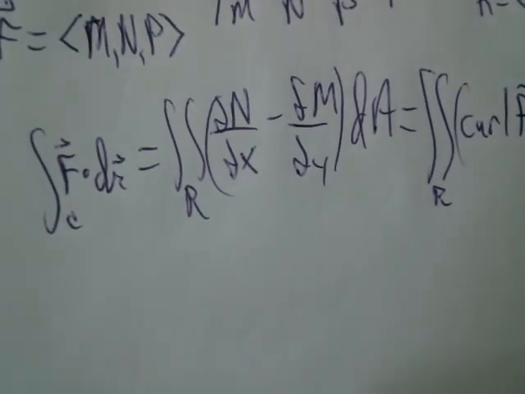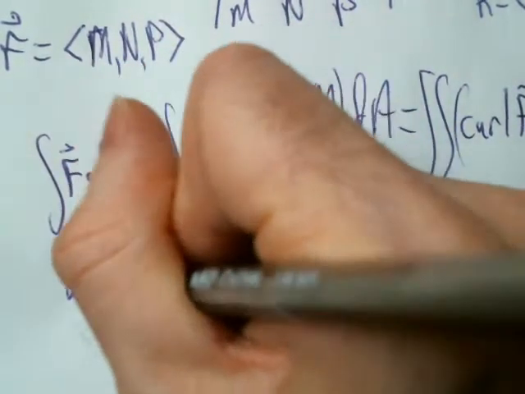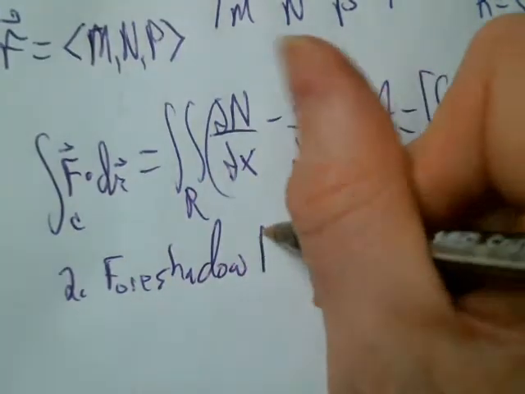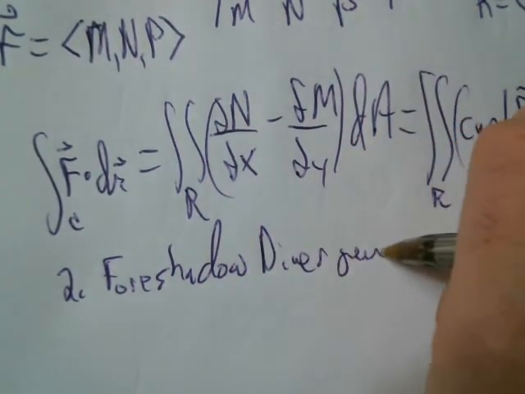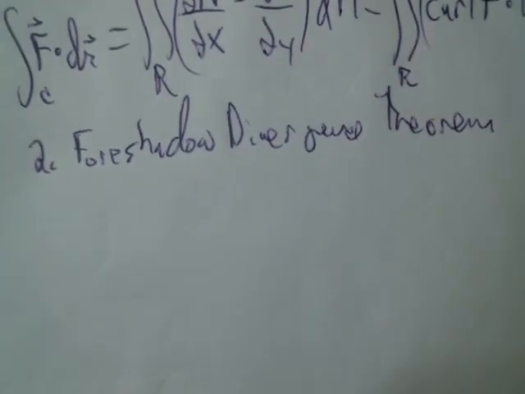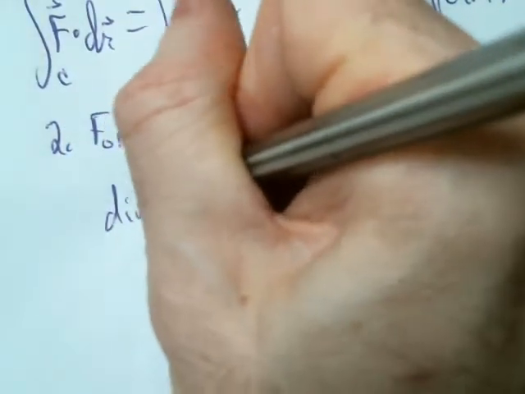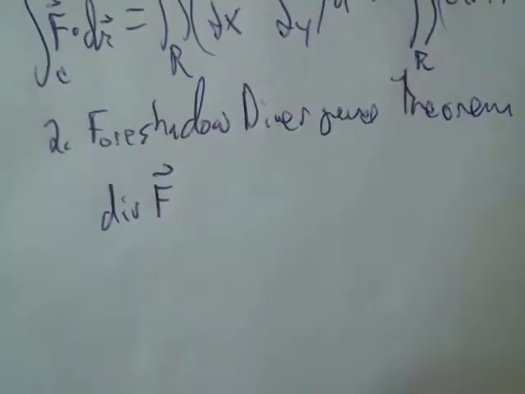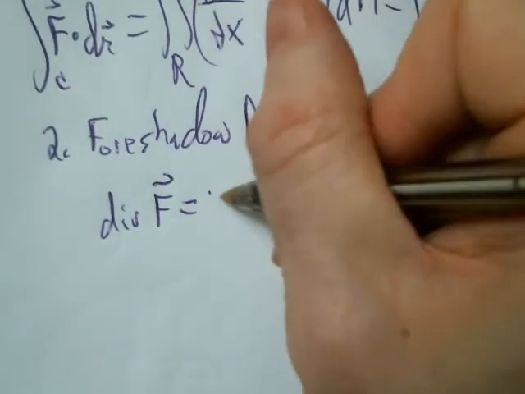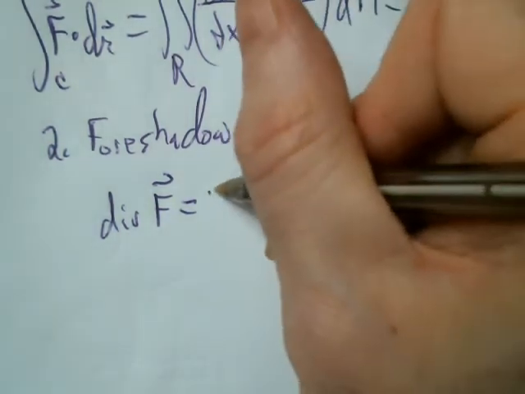The other one is a foreshadowing of the divergence theorem. In this case, we need the divergence of F. If we've forgotten, it's basically the sum of the partial derivatives of the components.